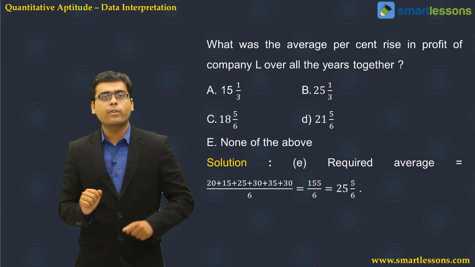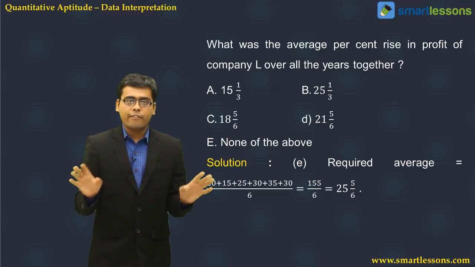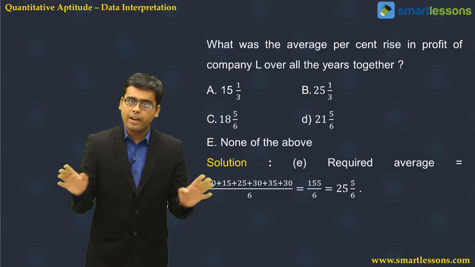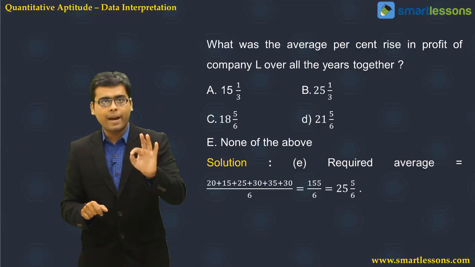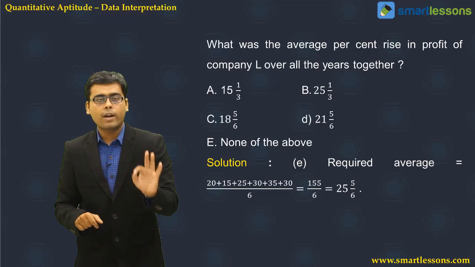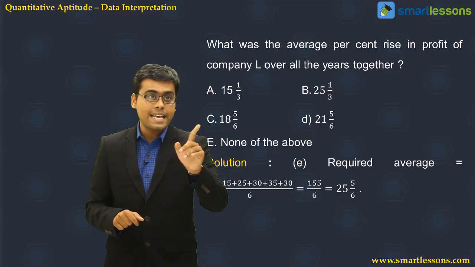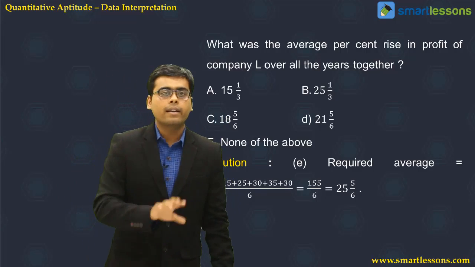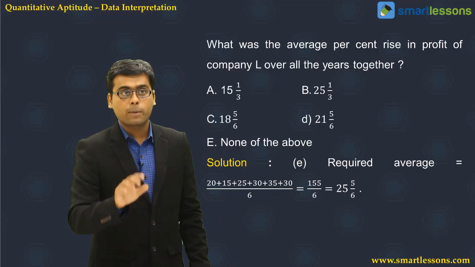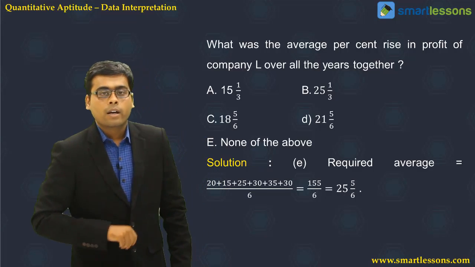If you add all these, you will get 155. So the average is 155 divided by 6, as 6 different years are there. So 155 by 6 is 25 and 5 by 6. So it means option E is the correct one, because 25 and 5 by 6 is not there in any of these options. So it means none of the above, that is option E would be the right choice. Alright.